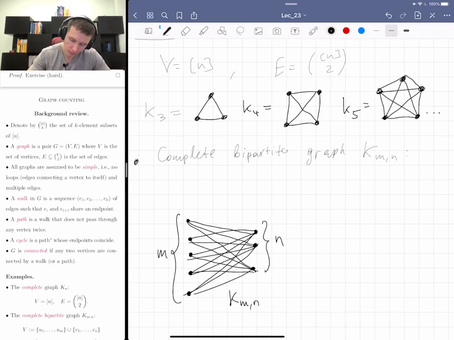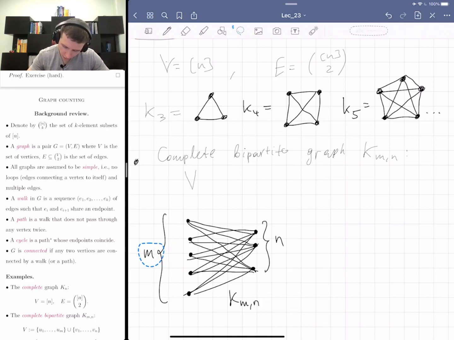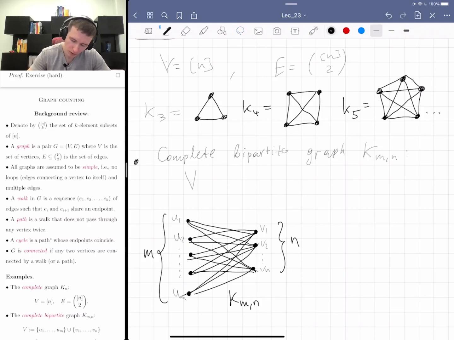And formally, let me denote the vertices by u1, u2, all the way up to um, v1, v2, all the way up to vn. And that's the vertex set. That union is disjoint.